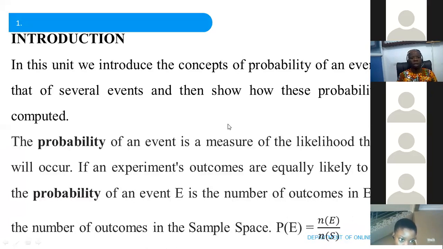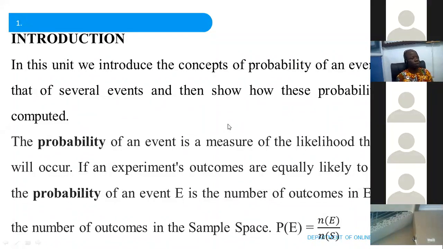Now, the probability of an event, please maybe you can write this. The probability of an event is a measure of the likelihood that the event will occur.